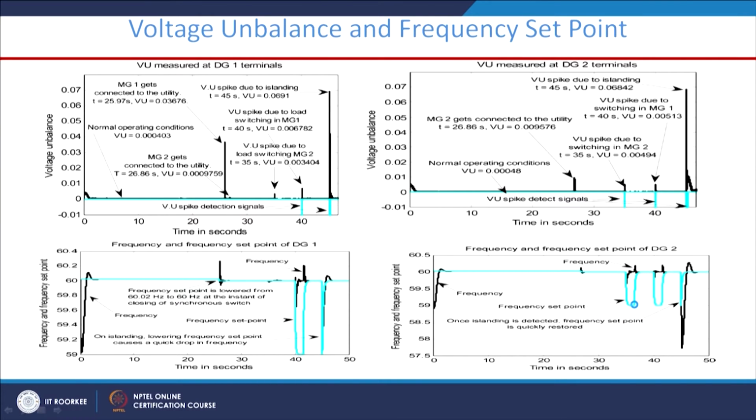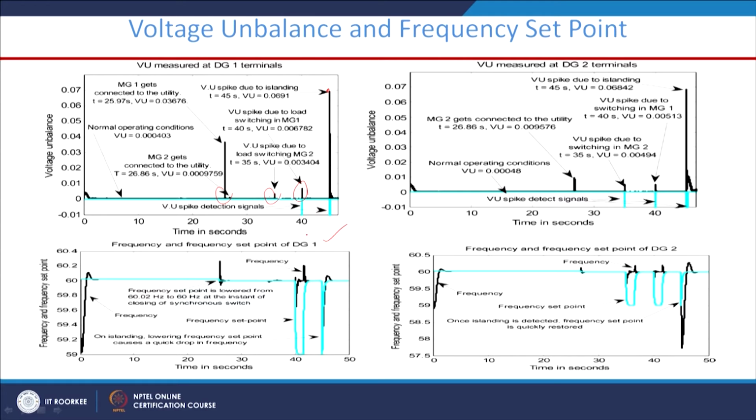See the frequency and frequency set point for DG1; they have taken 2 DGs, and these are the corresponding results. For DG1, you can see at this point the voltage unbalance is crossing the threshold, and at this point the UV is not crossing the threshold, very small values, and in these 2 cases it is crossing the threshold value.